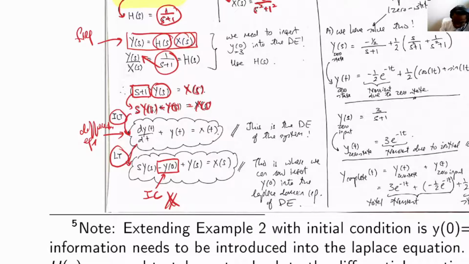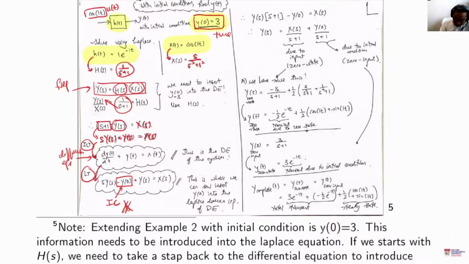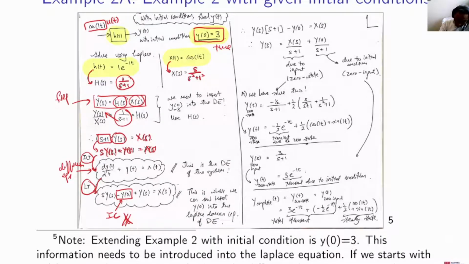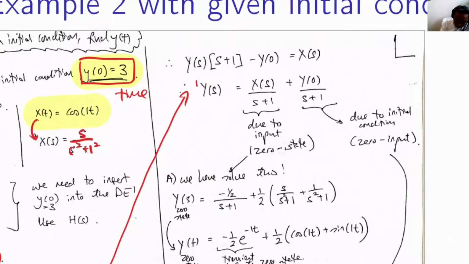Okay, so once we have this, now what happens? Then we can do, of course, the normal things to do the algebra to get y of s on one side, and of course x of s the other side. Now what happened is this. This is the initial condition. In example 2, the initial condition was 0.